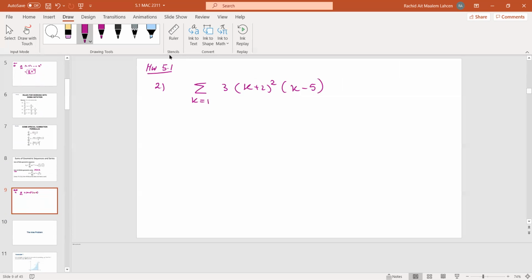Let's do something like this, so you don't think it always has to start from 1. So for example 3 to 5, what does this mean? Well, it means that k is going to be 3, then it becomes 4, then it becomes 5, right? So we should have 3 terms.